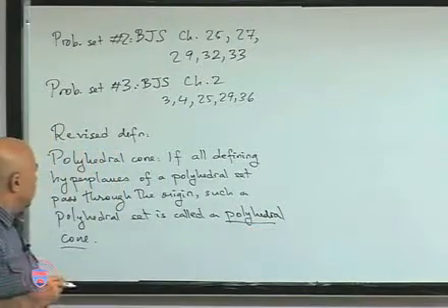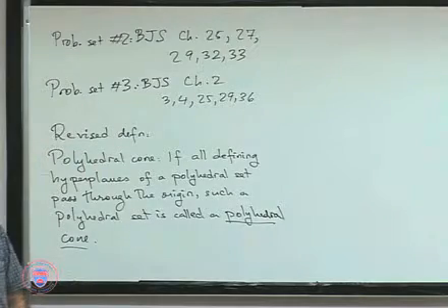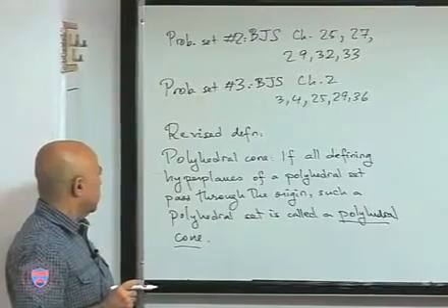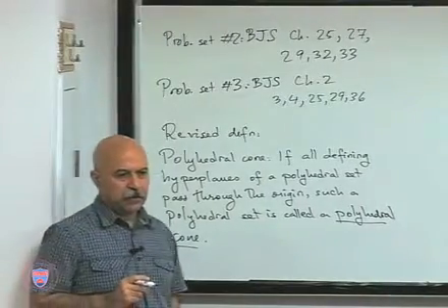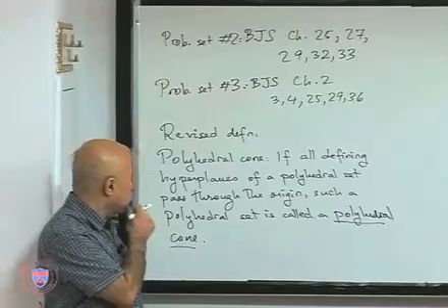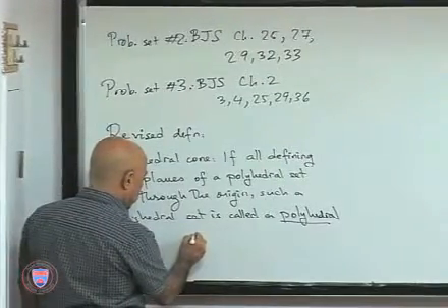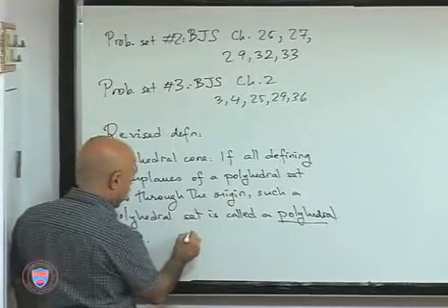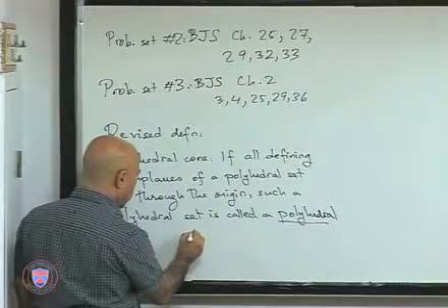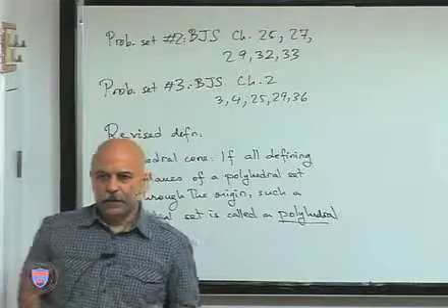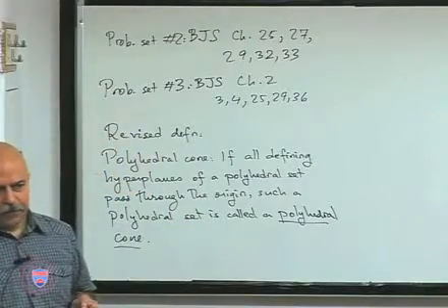Okay. If all defining hyperplanes of a polyhedral set pass through the origin, then such a polyhedral set is called a polyhedral cone. A polyhedral set is the intersection of either hyperplanes or half spaces.